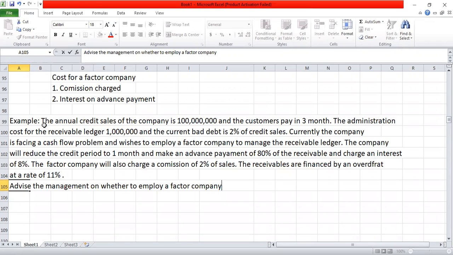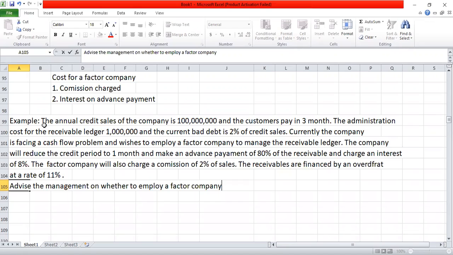The factor company will reduce the credit period to 1 month and make an advance payment of 80% of the receivables and charge an interest of 8%. The factor company will also charge a commission of 2% on sales. The receivables are financed by an overdraft at a rate of 11%. Advise the management on whether to employ a factor company.